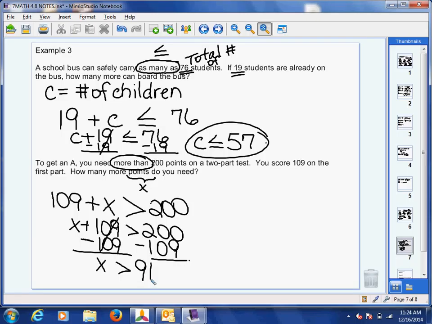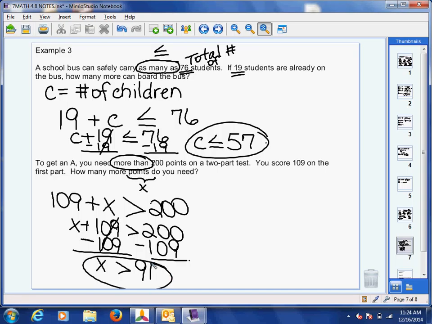So that's the minimum. Got to have over 91 points actually, because it can't be equal to 91. So what would be the next lowest number after 91? 92. This person needs to score 92 points in order to be over 200. The inequality is your answer.